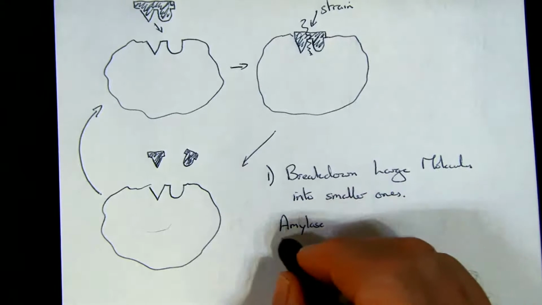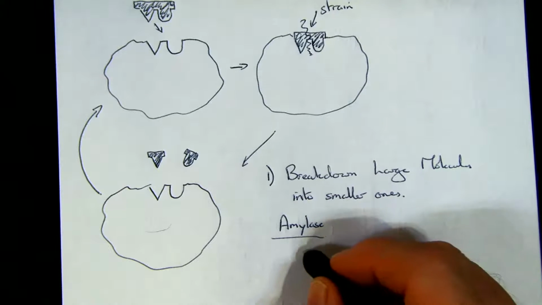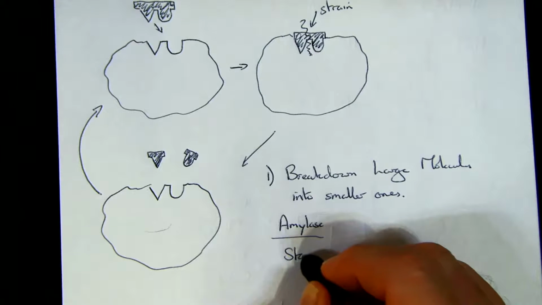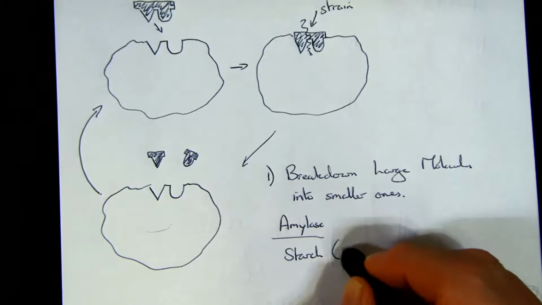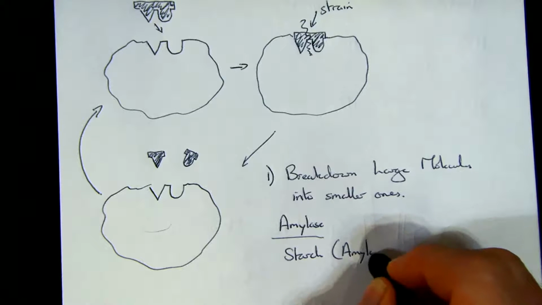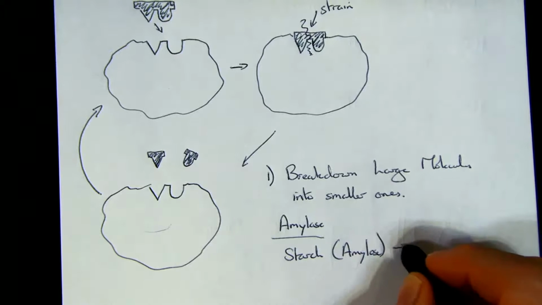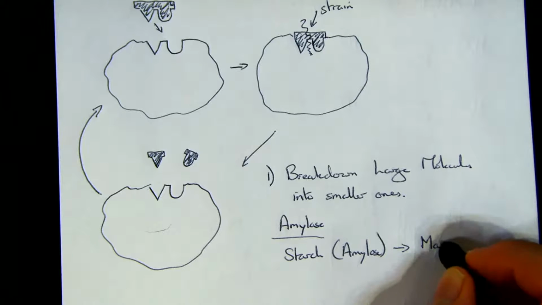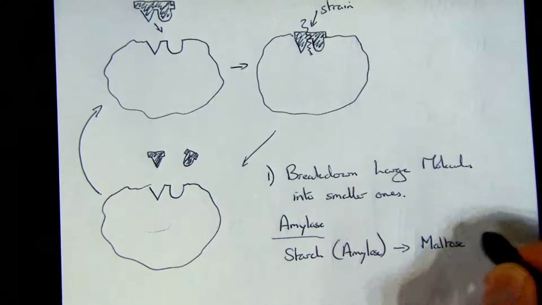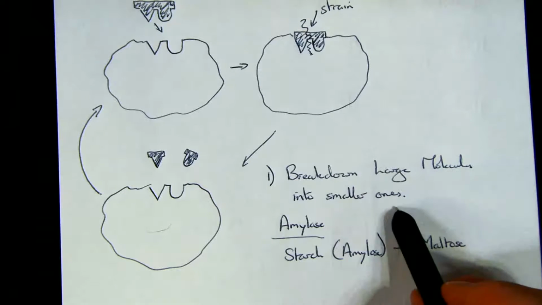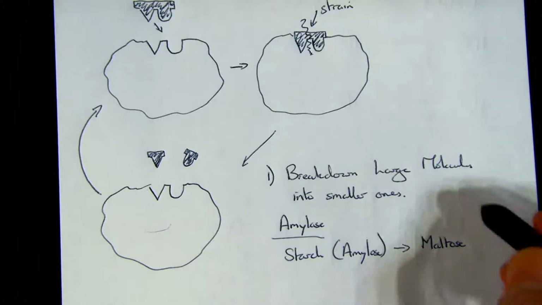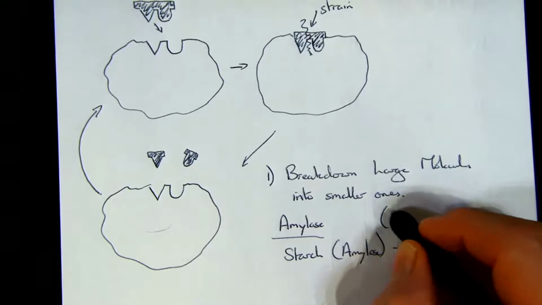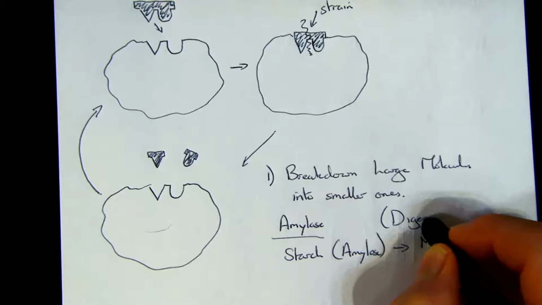It works as an enzyme on starch, which is sometimes called amylose. And it breaks that down into a sugar called maltose. So we're breaking down large molecules into smaller ones. A lot of this is the process of digestion.